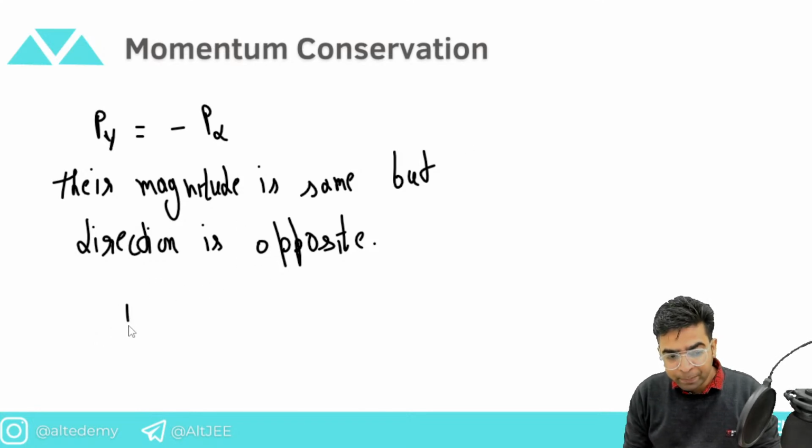And we can write Py square is equal to P alpha square.